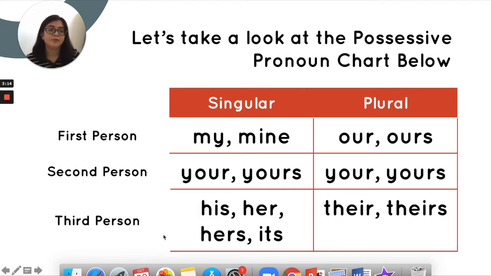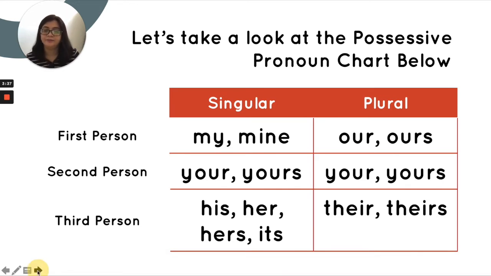Under singular, for plural, we can say the same, your and yours. Remember, you in possessive pronouns, unlike subject and object pronouns, is the same all throughout the columns for singular and plural. So third person, his, her, hers, and its, and for plural, their and theirs. Okay?